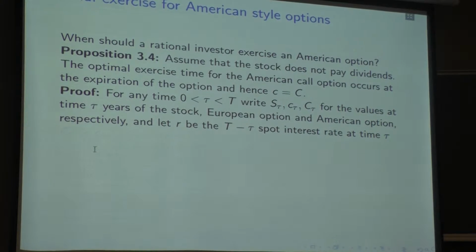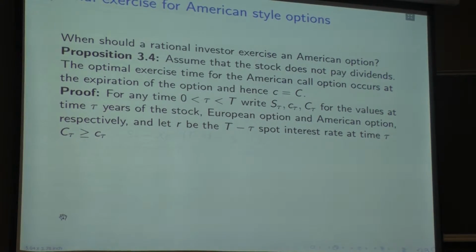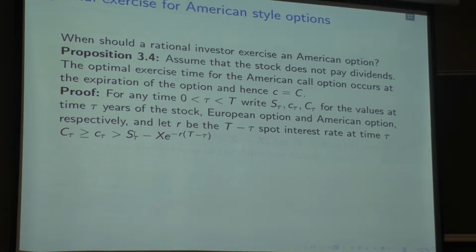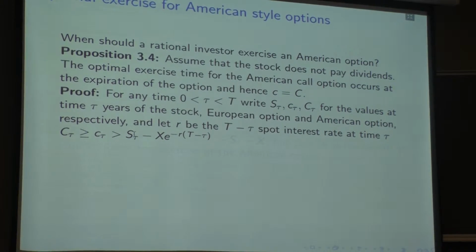So what can we say? We're going to see a chain of inequalities now. The first inequality is that the price at time tau of the American call option is at least the price of the European call option, which is the first inequality here. And then we have this inequality which we just proved. So we had two inequalities we proved.